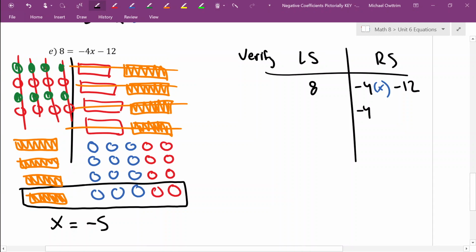So we want to do negative 4 times, we think x is negative 5, and subtract 12. Negative 4 times negative 5 is positive 20. Same signs, product is positive. We want to subtract 12 from that, and 20 take away 12 is 8. Since 8 is equal to 8, the left side does equal the right side, and we are verified.